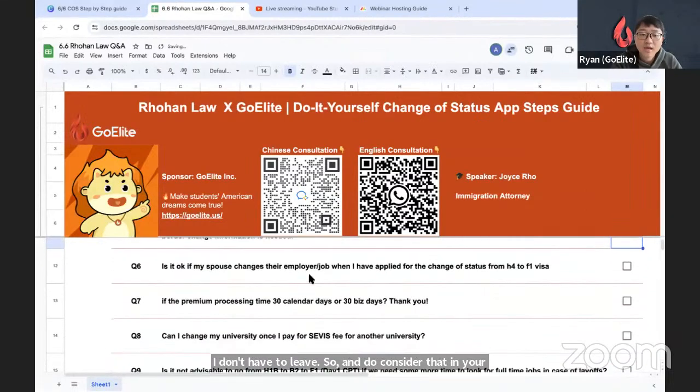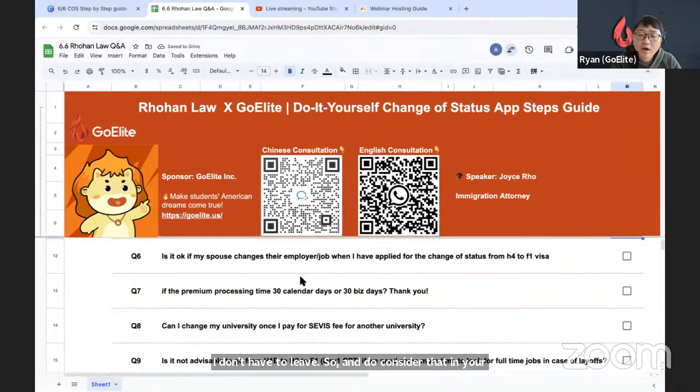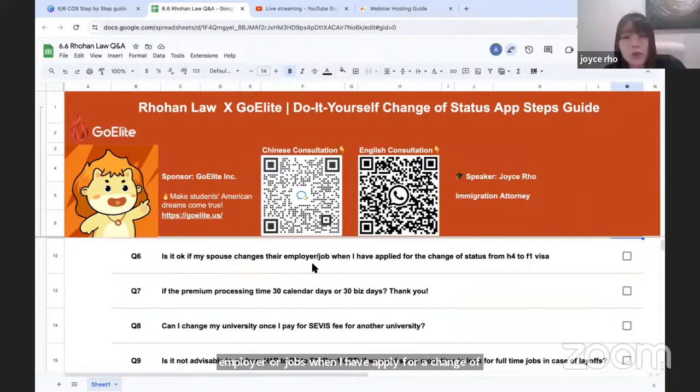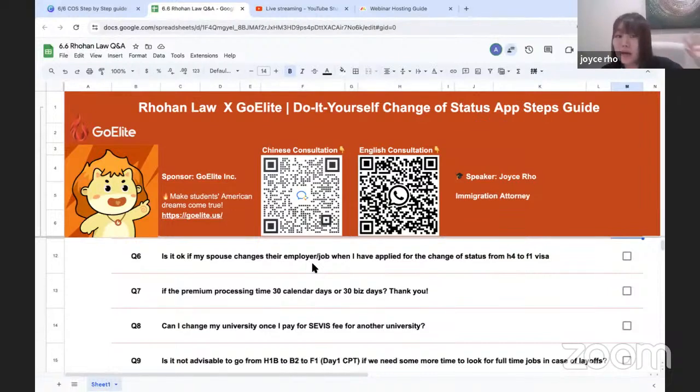And moving on, is it okay if my spouse changes employer or jobs when I have applied for change of status from H4 to F1? Oh, so you are on H4 and seeking change of status to F1, and you're curious whether your spouse can change her employer as an H1B.